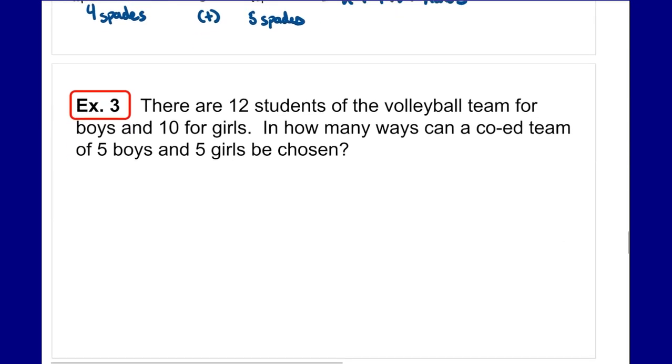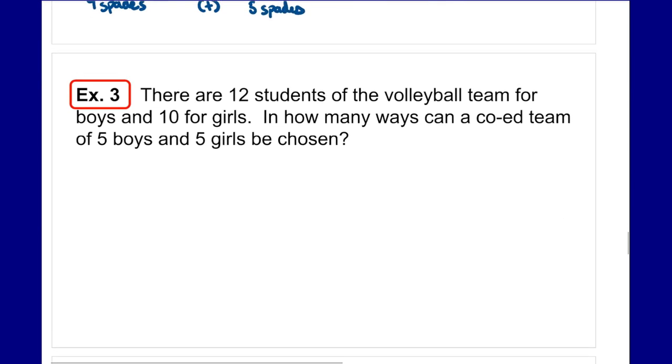Example 3, there are 12 students on the volleyball team for boys and 10 for girls. How many ways can a co-ed team of 5 boys and 5 girls be chosen? So a couple key things should stand out. And means multiply. We also have 12 boys and 10 girls. So when it's and, we're multiplying our 2 parts together, the 5 boys and the 5 girls.